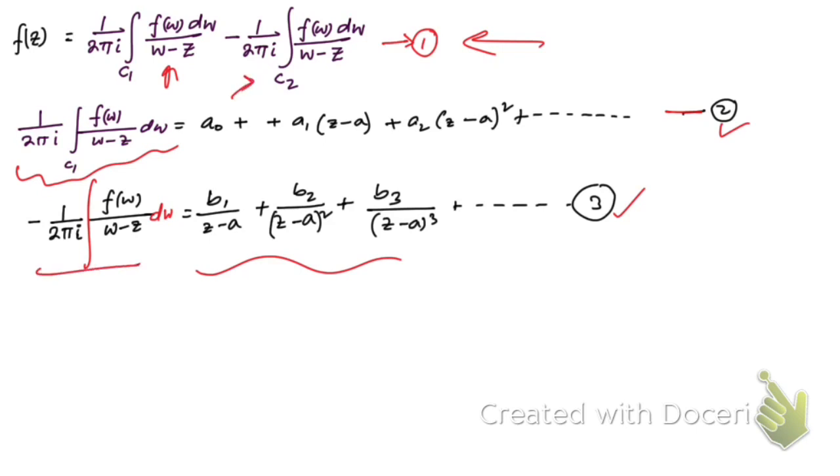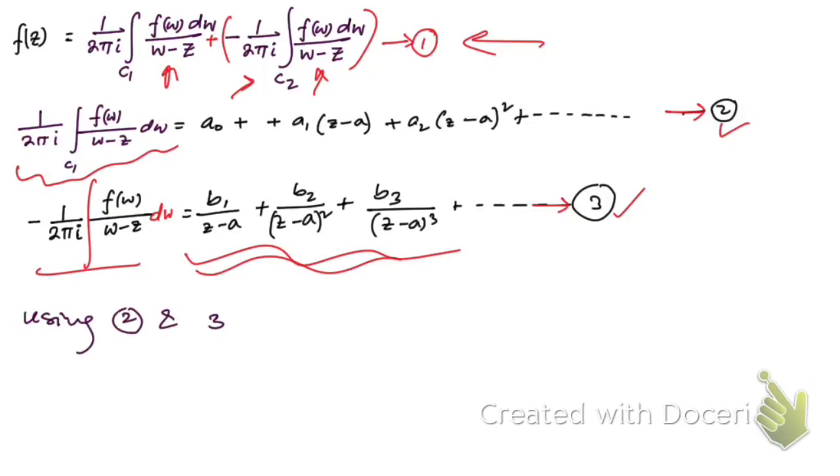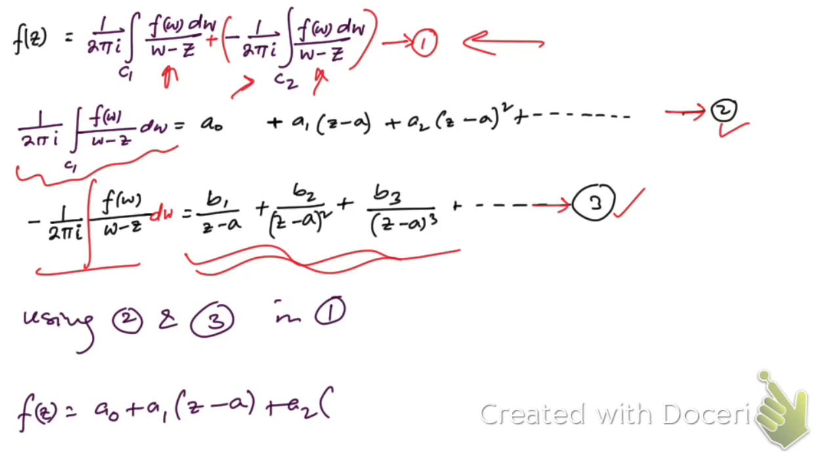Here you see this is the value of the first integral, and this is nothing but the second integral. Now you can assume this one as plus this one, right? And let us replace this by this result, using 2 and 3 in 1, we can write f of z is equal to a0 plus a1 into z minus a plus a2 into z minus a whole square plus dot dot dot and so on.